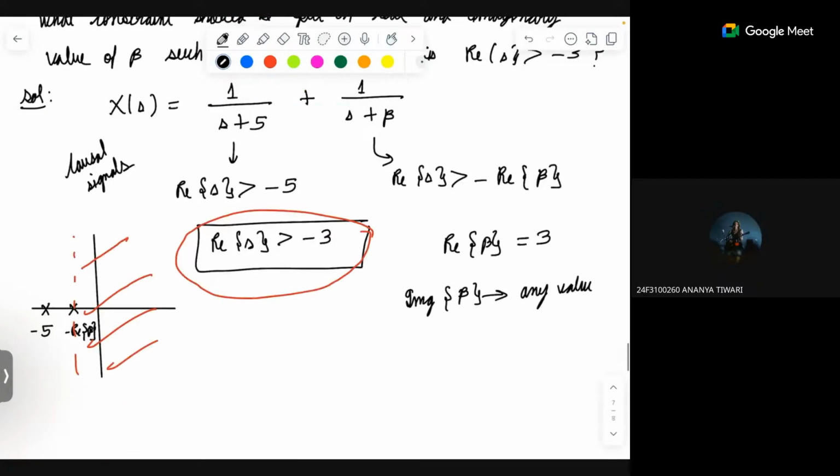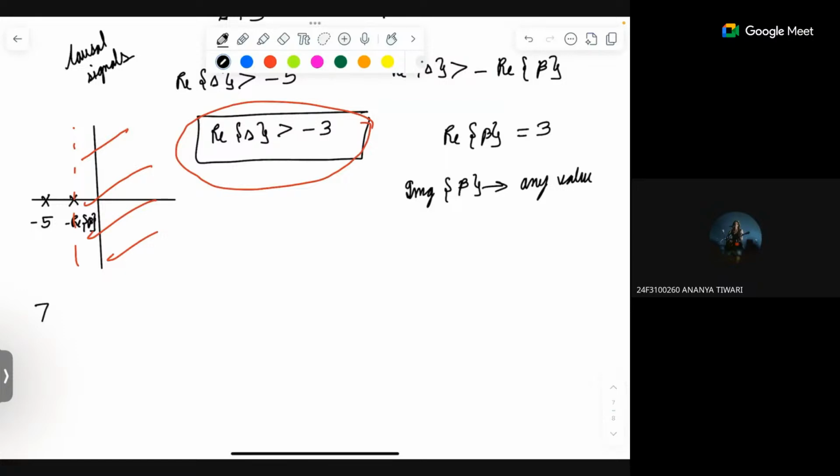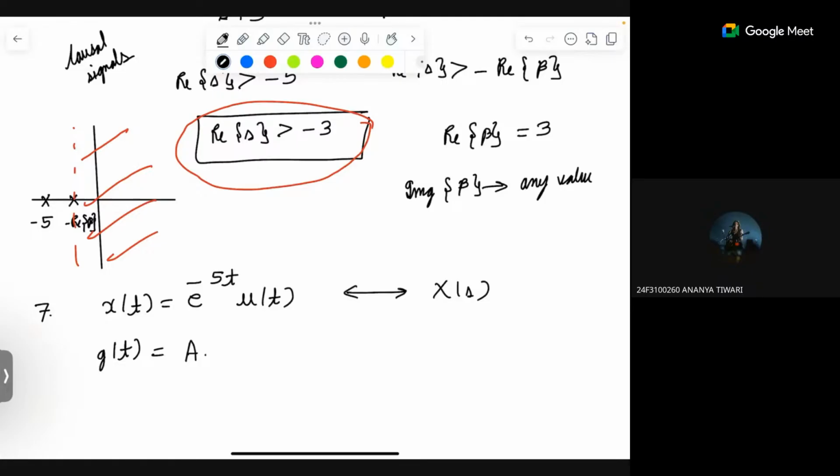Okay, now let us move to the next question. You have a signal x(t) given by e raised to the power of minus 5t u(t). It has a Laplace transform X(s). You have another signal g(t) equal to capital A times e raised to the power of minus 5t u(minus t).